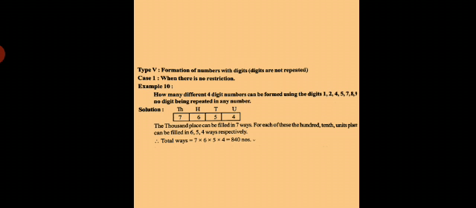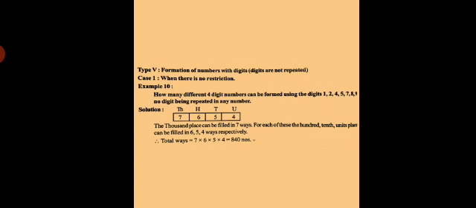So the solution starts here. The number of digits given is 7: 1, 2, 4, 5, 7, 8, 9. In that, choose any 4 and start arranging 4-digit numbers.